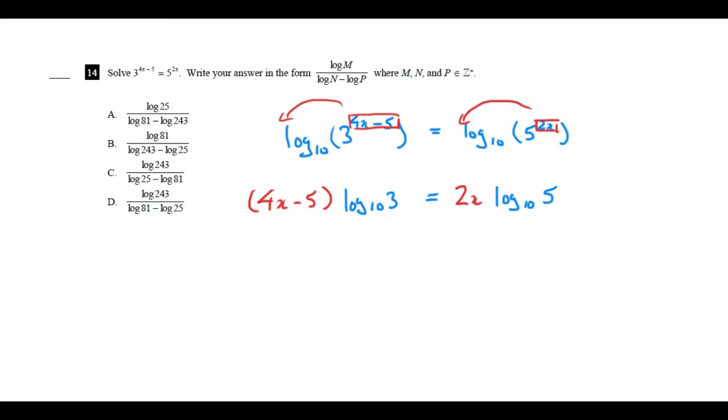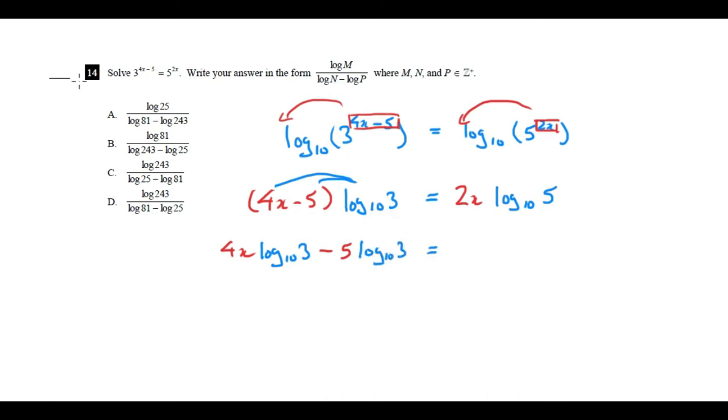So our only option is to expand out this left-hand side, and so we'll write that out as 4x multiplied by log base 10 of 3. And then we have a minus 5, or I should say subtract 5, multiplied by log base 10 of 3 again.